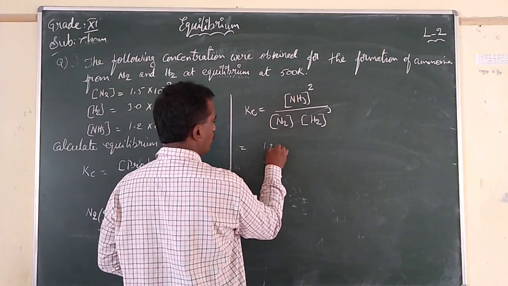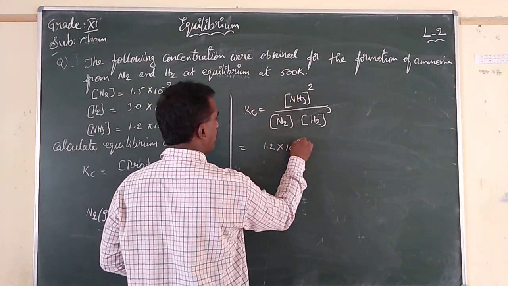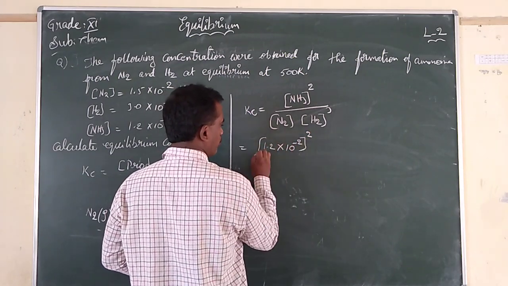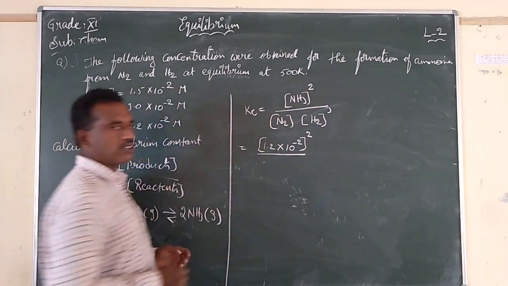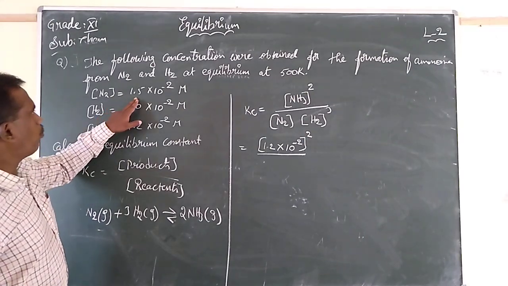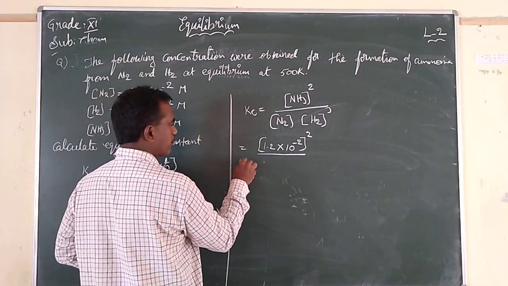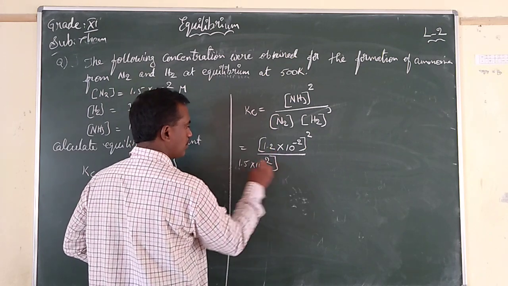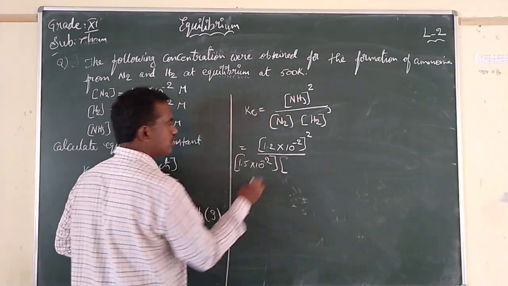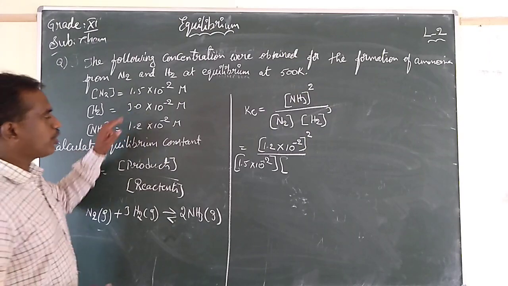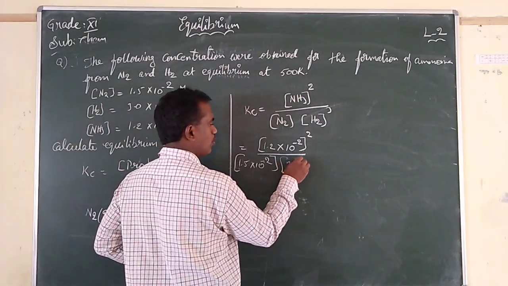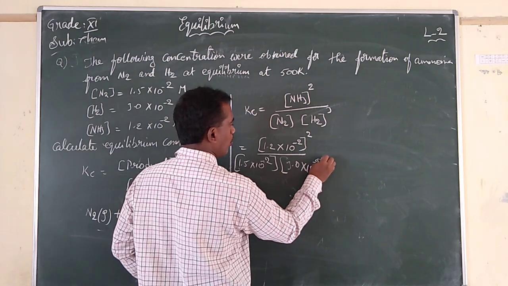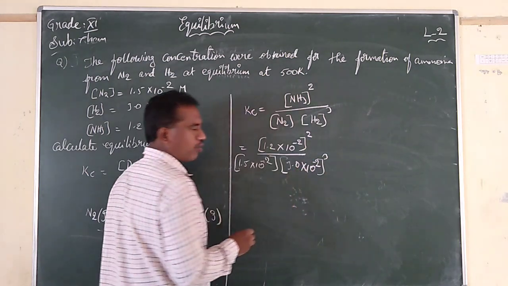What is the concentration of ammonia given? 1.2 into 10 power minus 2, whole raised to the power of 2, upon, what is the concentration of nitrogen given? 1.5 into 10 power minus 2, into, what is the concentration of hydrogen given? 3.0 into 10 power minus 2, whole power 3. Is that not right?